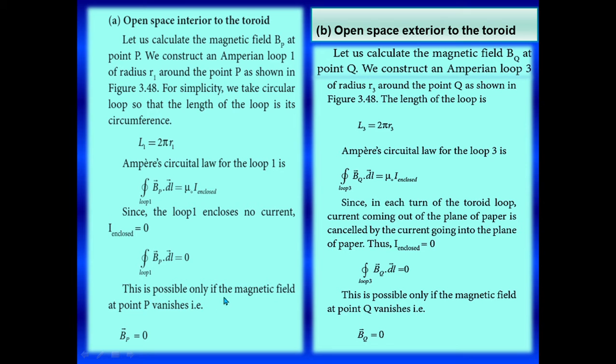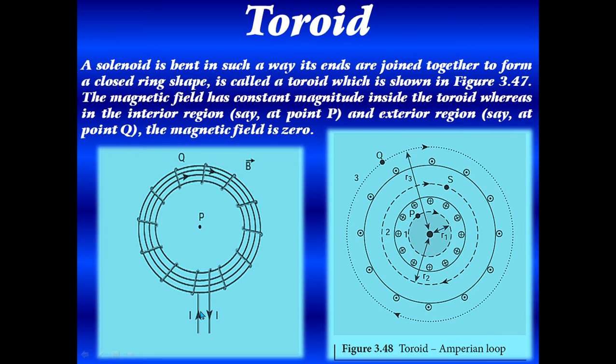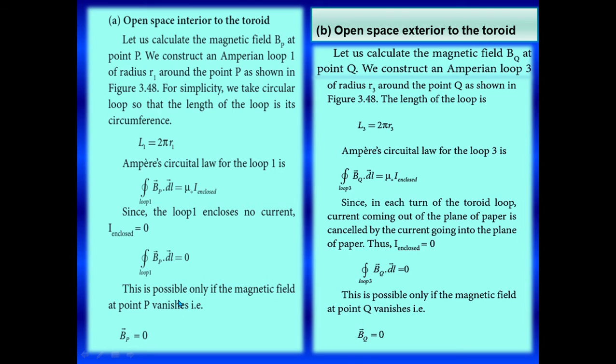This is possible only if the magnetic field at point P vanishes. We already know the concept of the toroid: in the interior region and exterior region, the magnetic field is 0. So BP vector is equal to 0.